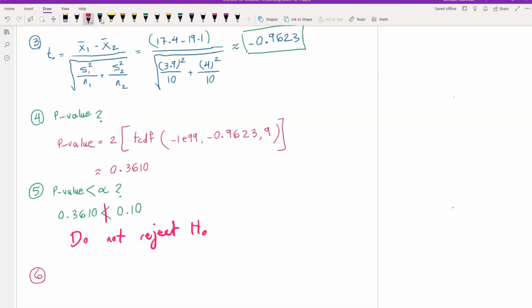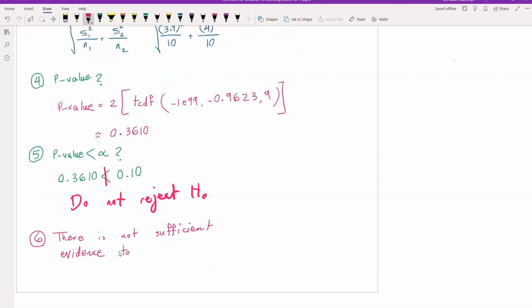So now the conclusion. This one was not a word problem, but we had our alternative given. So I'm going to write, there is not sufficient evidence to conclude that mu1 is not equal to mu2.